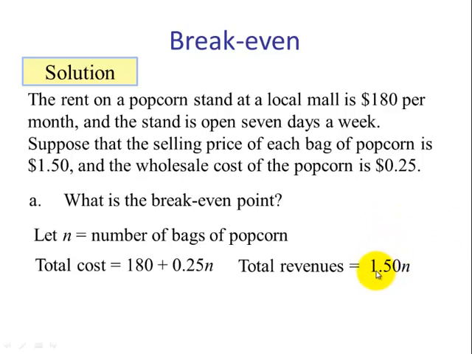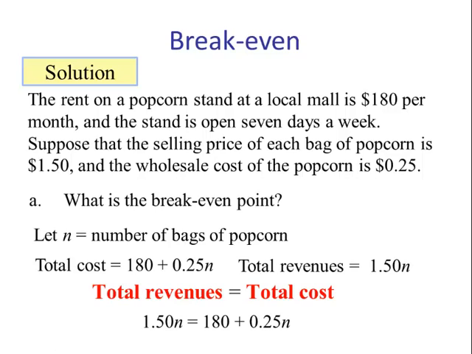That would be equal to how much each bag of popcorn is being sold for, $1.50, times the number of bags. So to find the break-even point, we are going to take this expression and set it equal to this expression. Total revenues equal total costs.